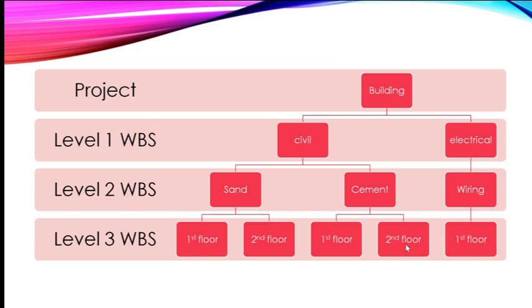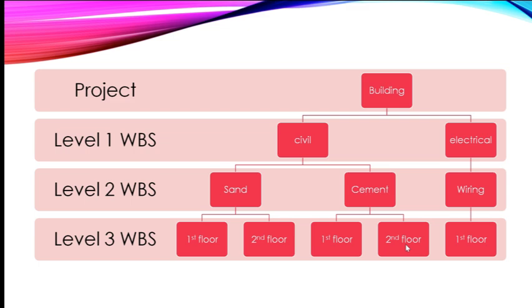That means we require sand, cement, and not only sand and cement, we can have bricks, and also we can have wood, and many other components, but here as an example I'm mentioning these two, as these will be the main parts.